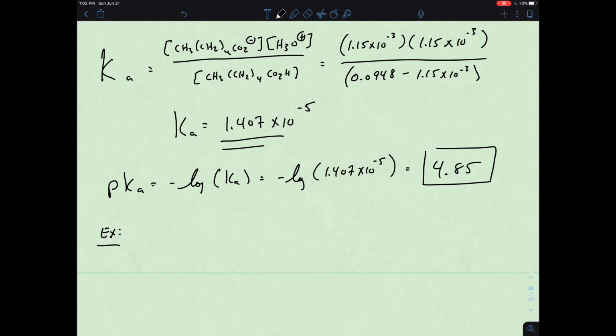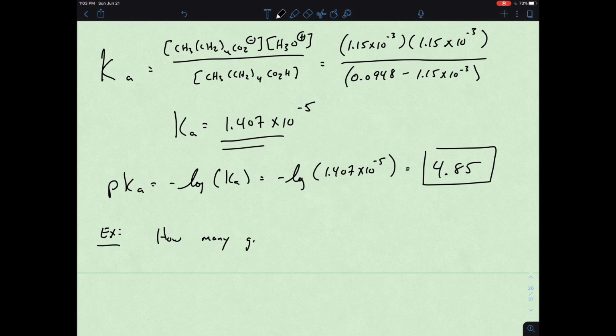We've also been able to solve for equilibrium concentrations using big K, Keq. But we've not yet seen an example where we solve for the initial concentration. Usually we're given the initial, but what if we're not given the initial? That's what this last example looks at.